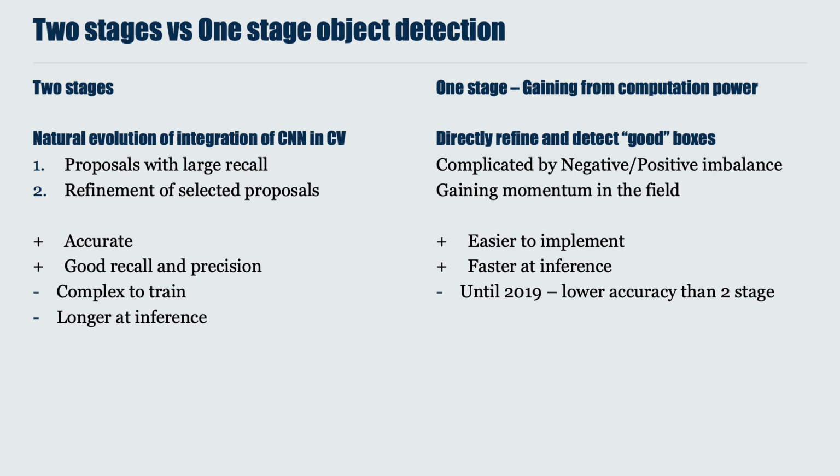So the advantage of the two-stage one is that it's usually very accurate. If you have a good first step of proposal, it has a good recall and a good precision, but it's relatively complex to train and it's slightly longer at inference usually.